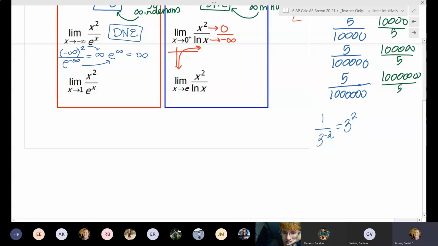And you're like, Mr. Brown, that doesn't really make sense. So again, here's where the intuitive part comes into play. If I'm coming in from 0 from the right, that's better thought of as a very small number squared. Because 0 from the right would be immediately to the right of 0, so like 0.00000001. So I basically have a very small number over infinity.